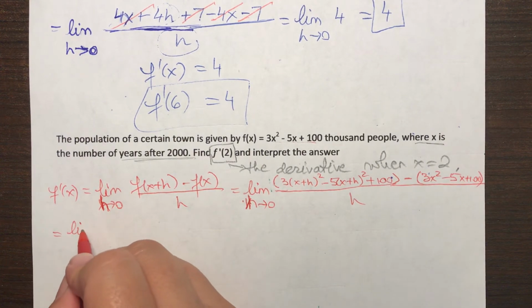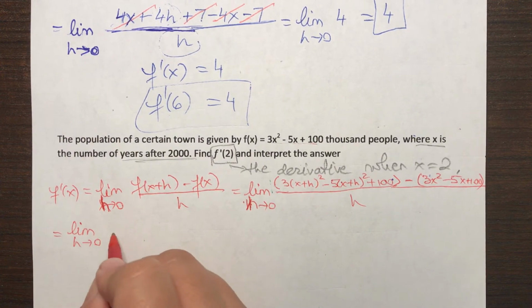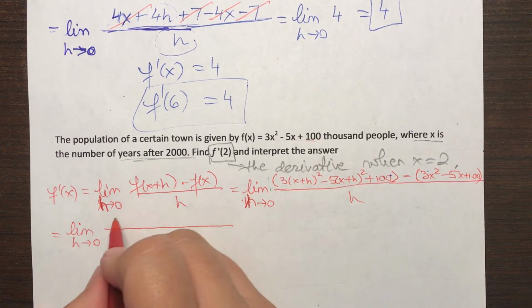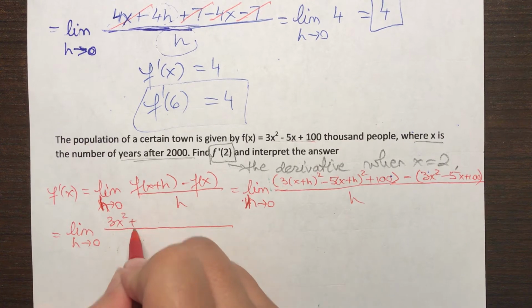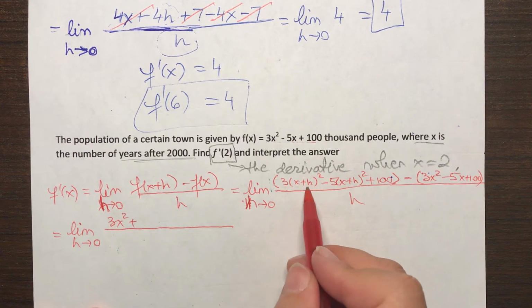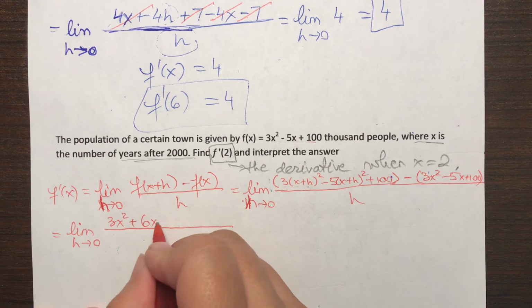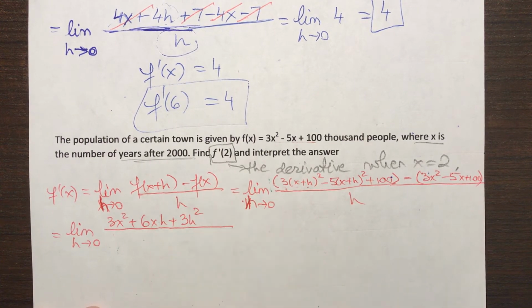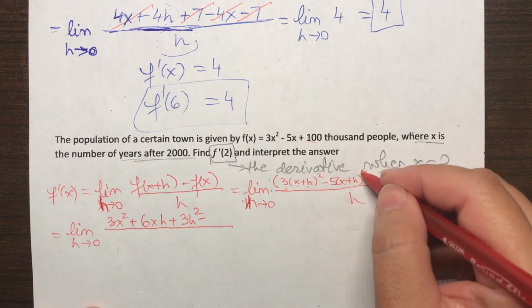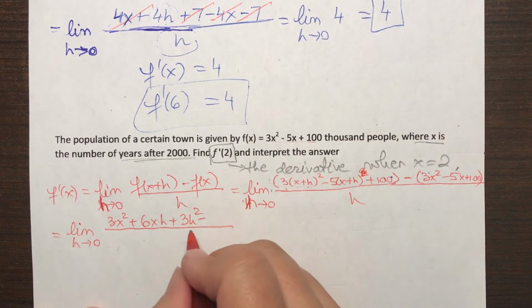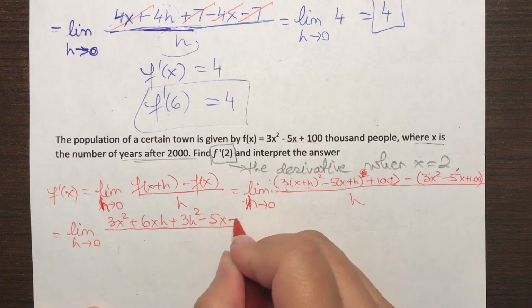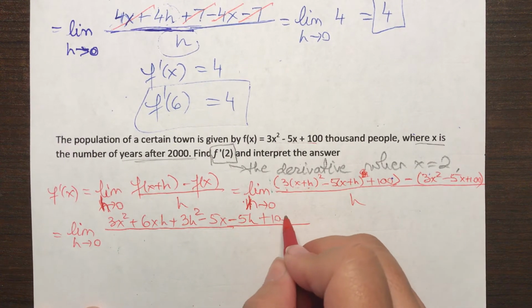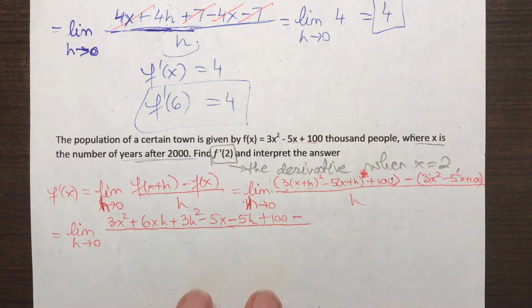Now find the limit as h approaches 0 of, start distributing. That's a 3 times x squared plus a 3 times 2xh, that makes it a 6xh, plus a 3 times h squared, minus, no square here, just x plus h, 5x minus 5h plus 100, and then minus all the rest.